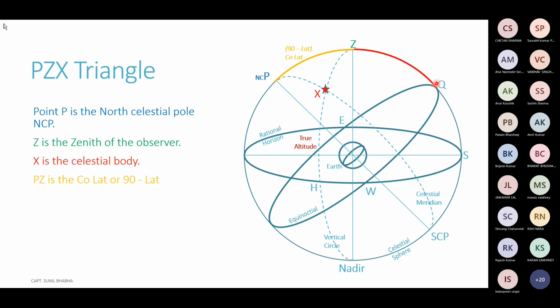You see, equinoctial to the zenith, this arc represents the latitude of the observer. So we have labeled it here as latitude on the diagram. You can see the latitude ZQ and the colat PZ, both totaling up to 90 degrees. Pole to the equinoctial, the P to Q point, is equal to 90 degrees.